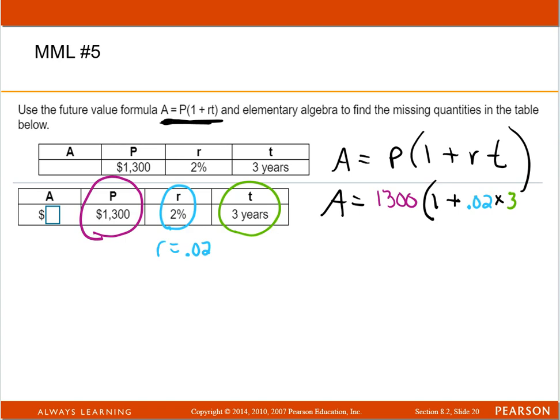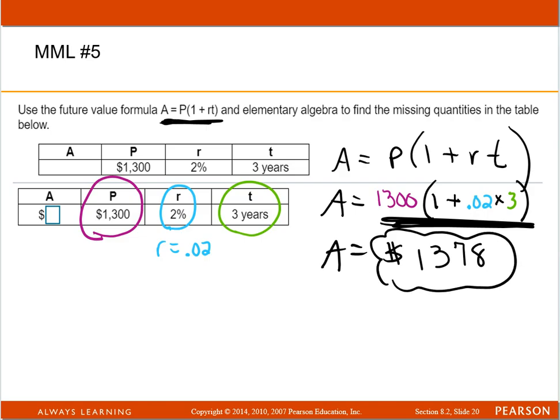And I can do all of this on my calculator. Type it in exactly as you see it here. Type in 1300, parenthesis, 1 plus 0.02 times 3, close the parenthesis, and it should come out to be $1,378.